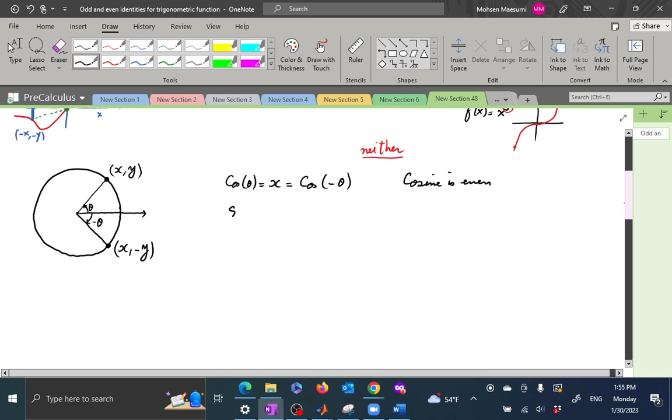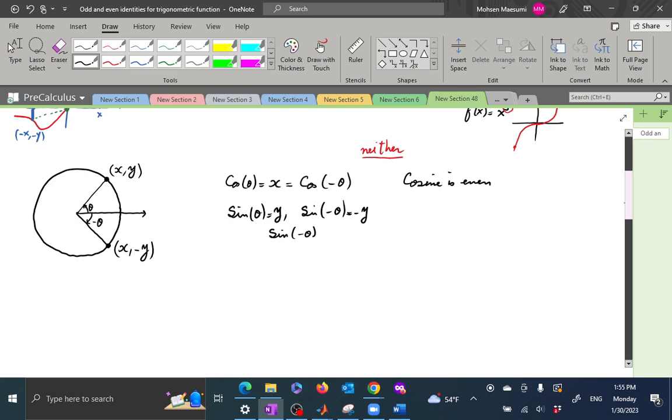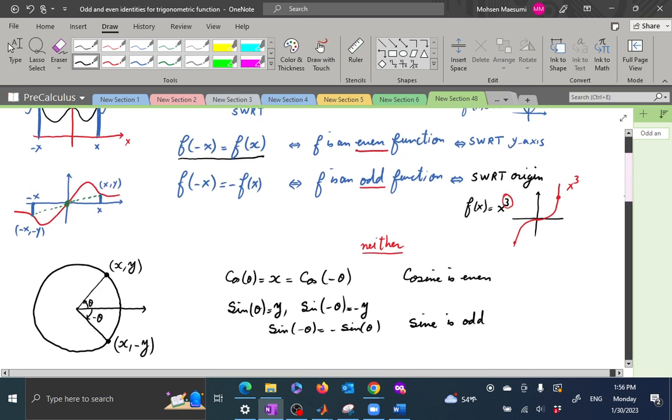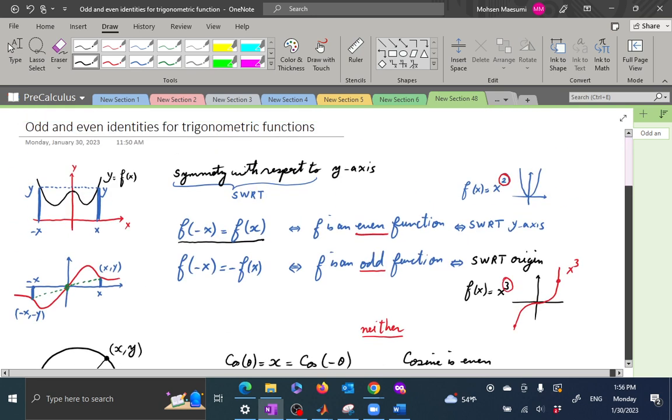How about sine? Well, sine of theta is y, but sine of minus theta is minus y. So you can conclude that sine of minus theta is minus sine of theta. For this reason, you say sine is an odd function. Sine shares certain characteristics with this x cubed, while cosine shares certain characteristics with this x squared.